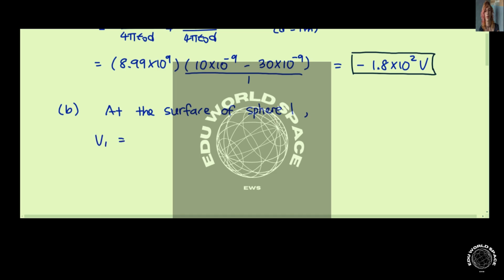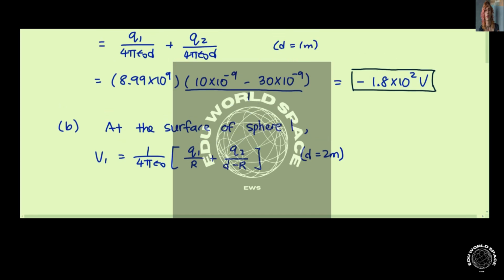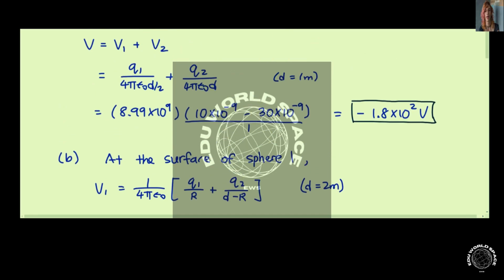V1 is equal to 1 over 4 pi epsilon naught times Q1 divided by R plus Q2 divided by D minus R. Here D is 2 meters. Maybe in part A I would put D over 2, D over 2, just to make it consistent. And so this is 2 meters.